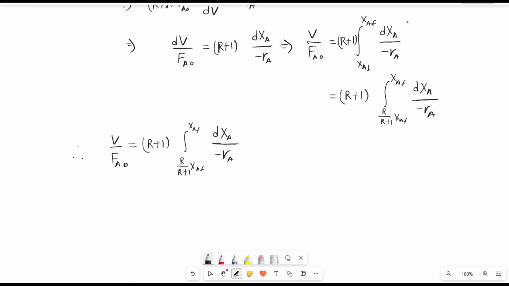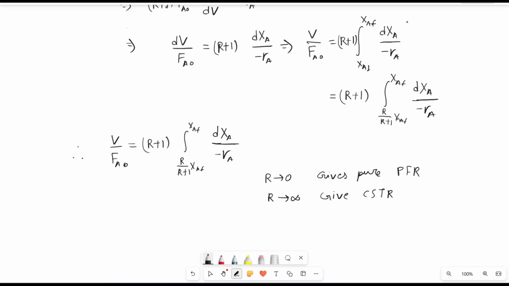Now, not recycle reactor, but recycle across a plug flow reactor. If you see the expression, there are two limiting cases. R tends to 0 gives a pure PFR, and R tends to infinity gives a CSTR.